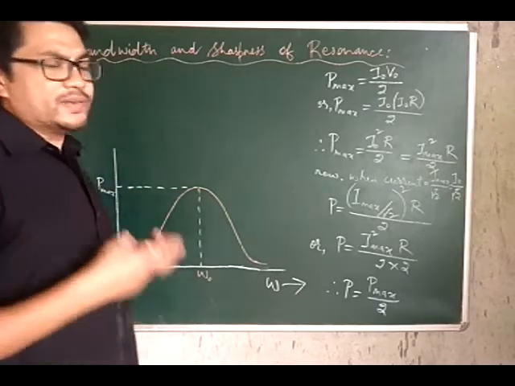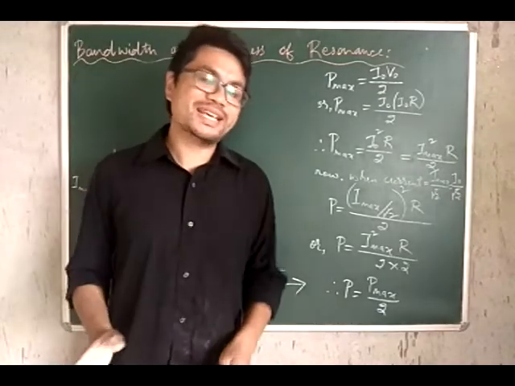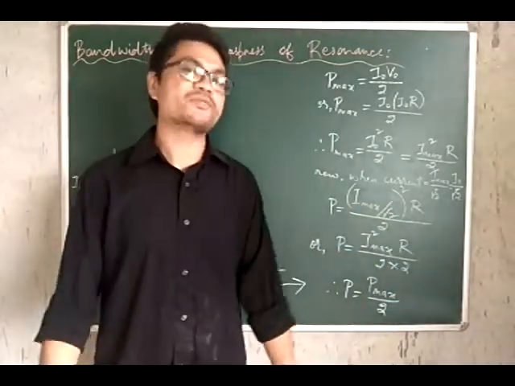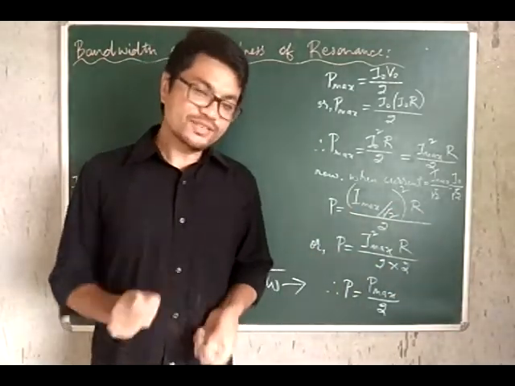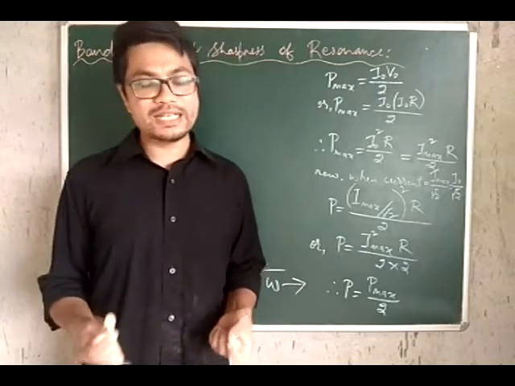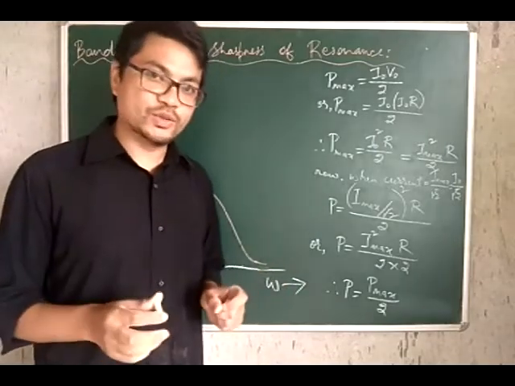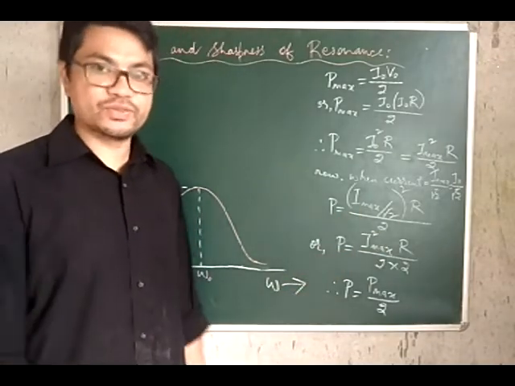Now, why are we talking about this case of resonance in an LCR circuit? Where is it used in our everyday life? The case of resonance in our everyday life is useful in the case of a radio, or also in the case of a television. Why?